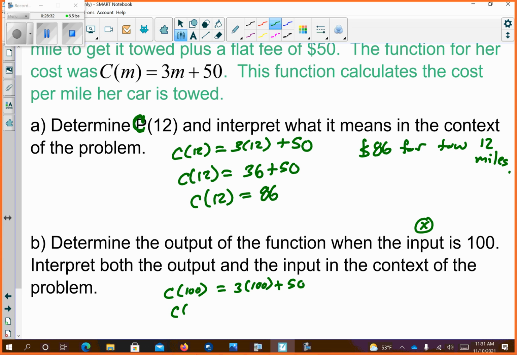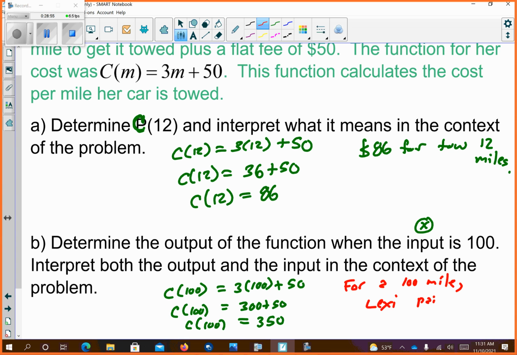So C(100) is 300 plus 50. So C(100) is equal to 350. What does this mean in the context of the problem? For a 100-mile tow, Lexi, our star of the story, paid $350.